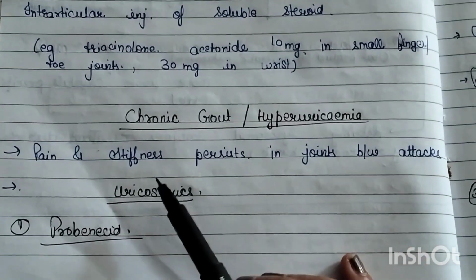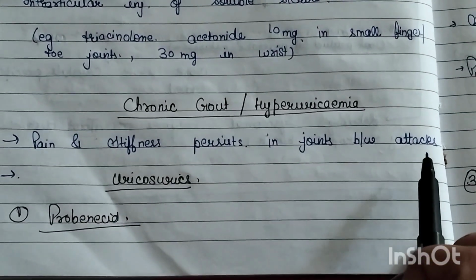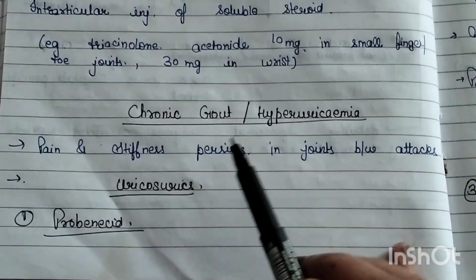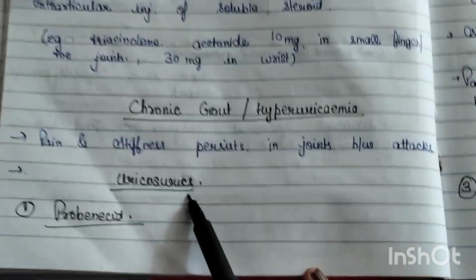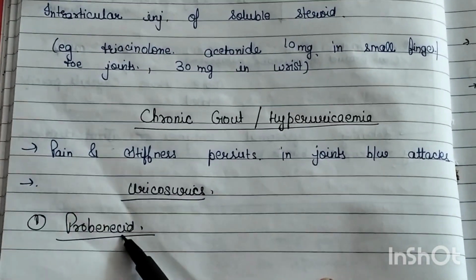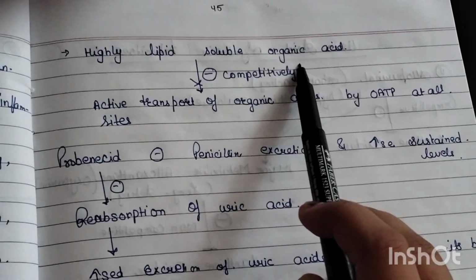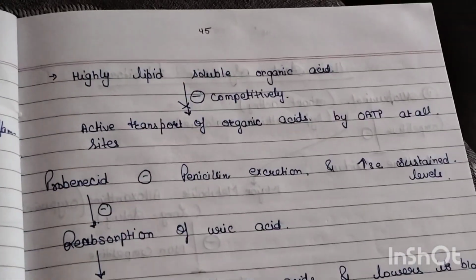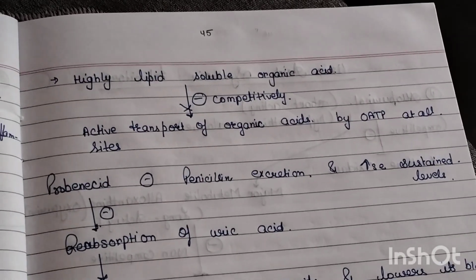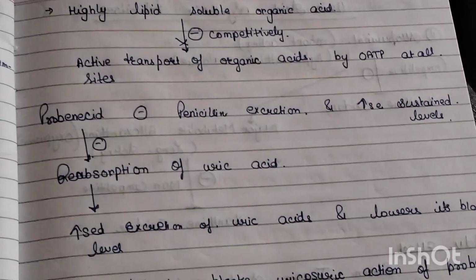Now we will study chronic gout, hyperuricemia. When pain and stiffness persist in the joints between attacks, it is known as chronic gout. The drugs used for it are uricosurics, of which first we will study probenecid. The mechanism of probenecid is that it is a highly lipid soluble organic acid which competitively inhibits active transport of organic acids by OATP at all sites.